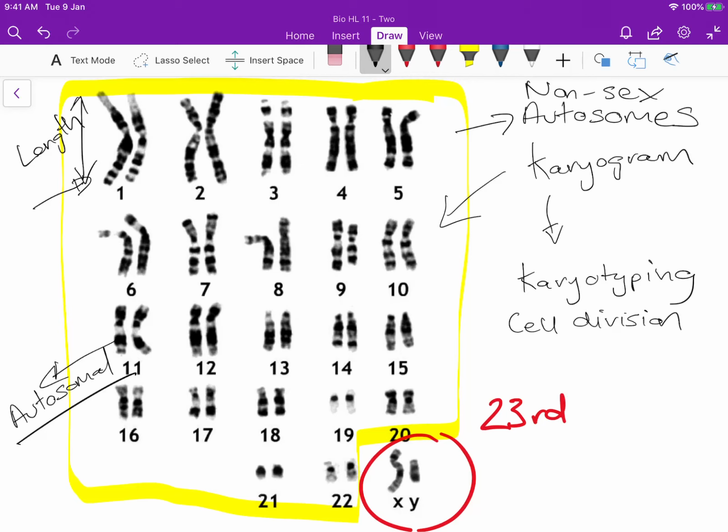And then some things are sex determined, and that can apply to diseases as well. So many diseases are called autosomal diseases, and very few are sex-linked or sex-determined diseases.